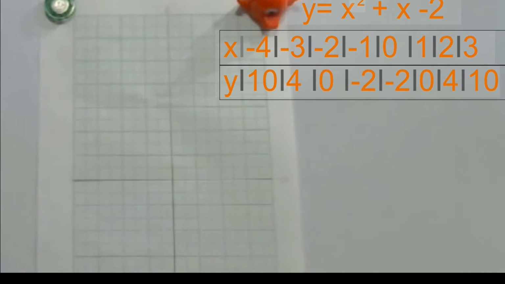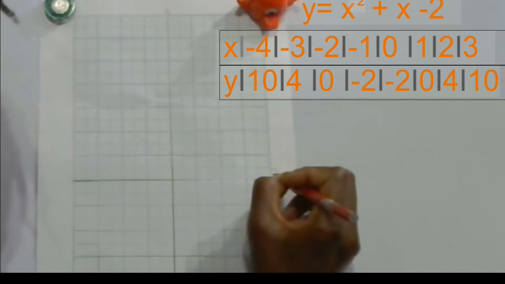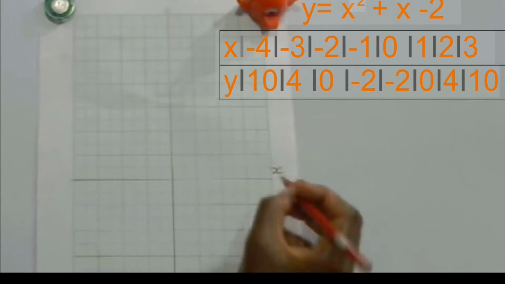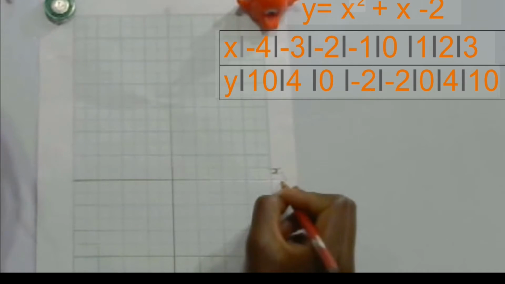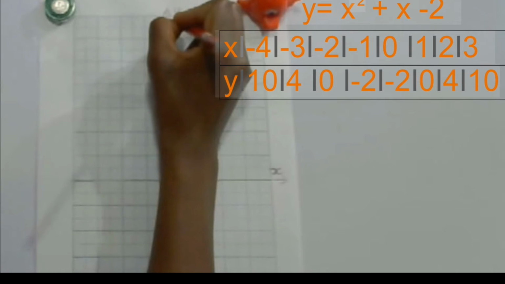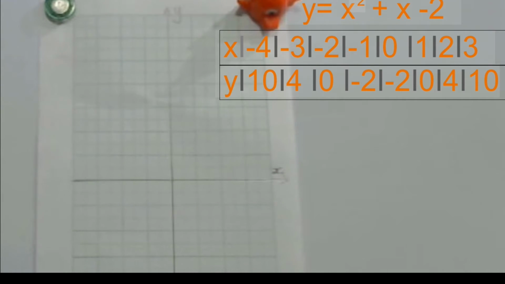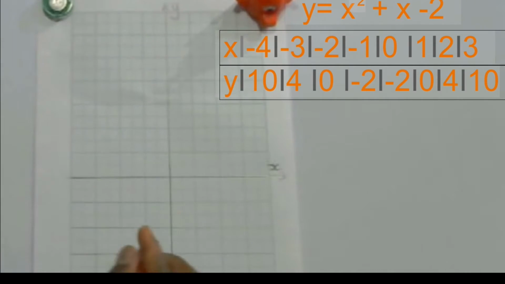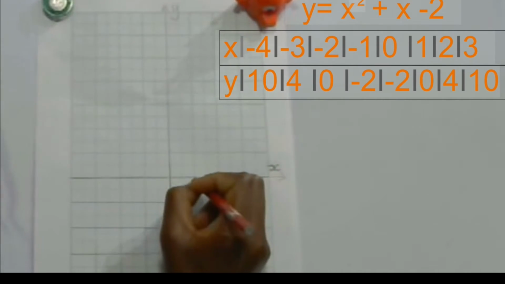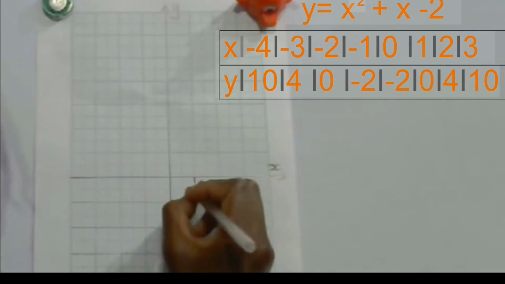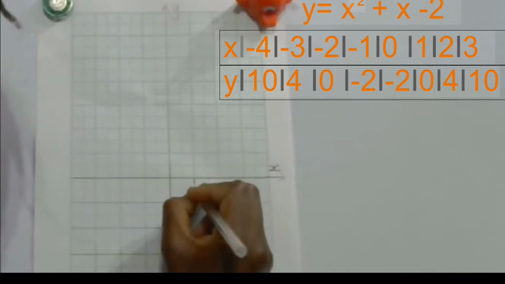So this is our x-axis, and this is our y-axis. For this square, we'll write our 2.